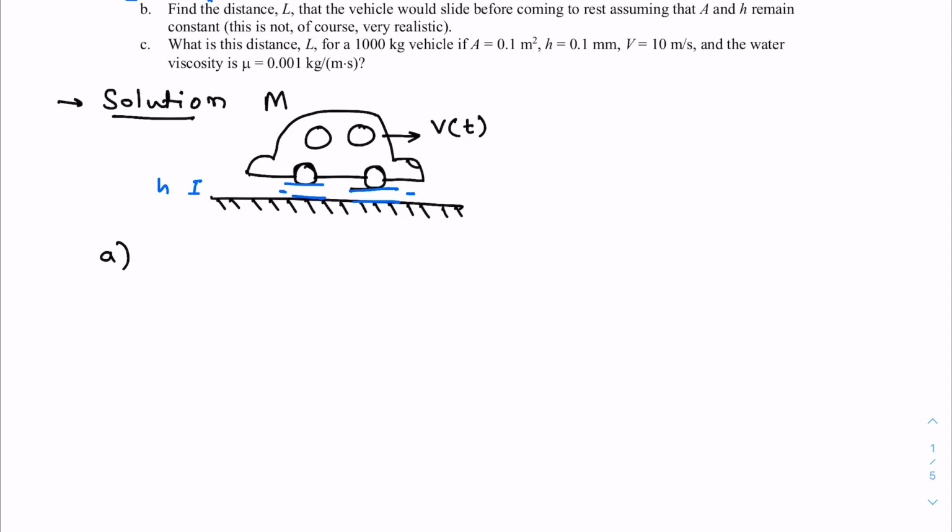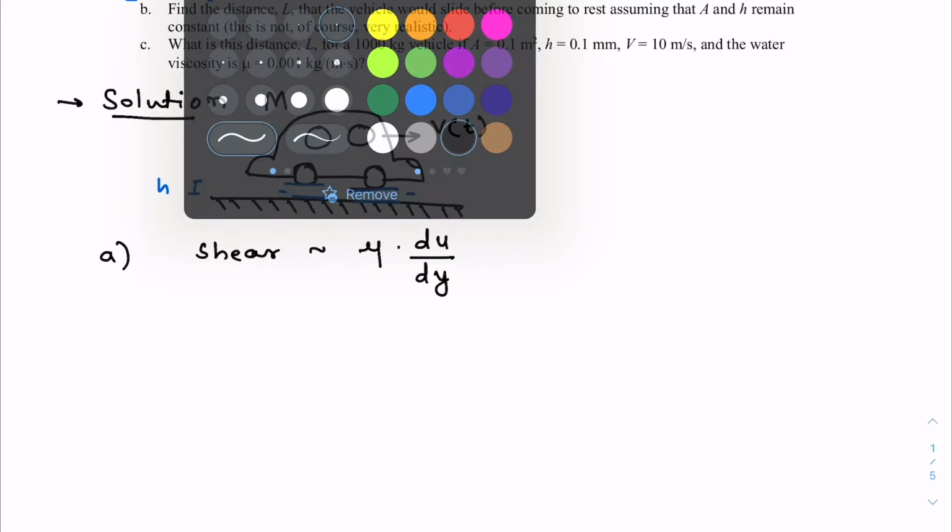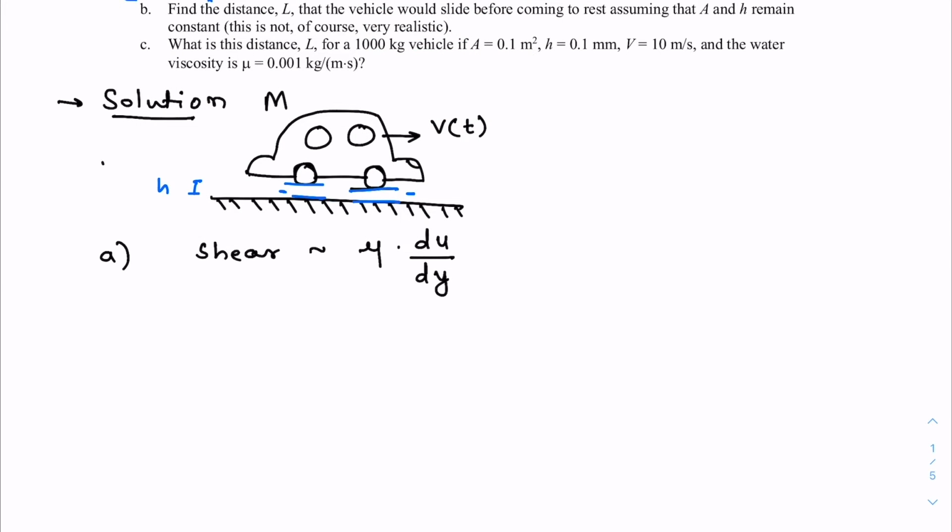From your classes on viscosity and shear stresses, you know that the shear stress depends on the viscosity and the velocity gradient du by dy. So let's introduce a coordinate system here.